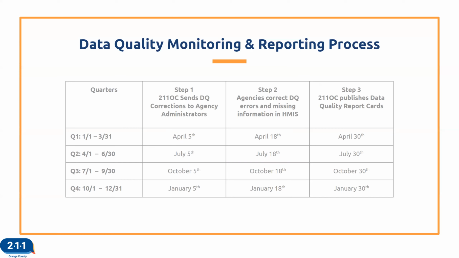If a client does not have a social security number, what would be the best answer to choose without our data reporting being impacted? So the option you should be choosing according to the data standards is client doesn't know.